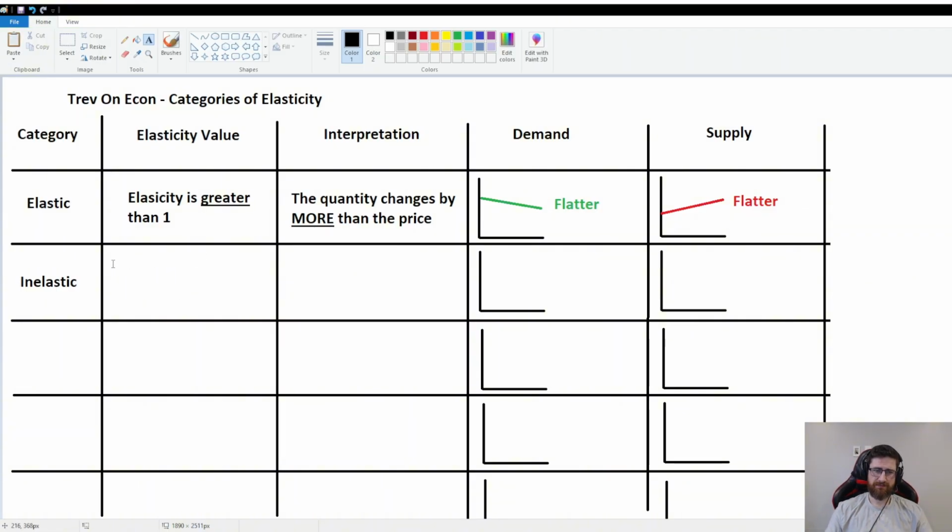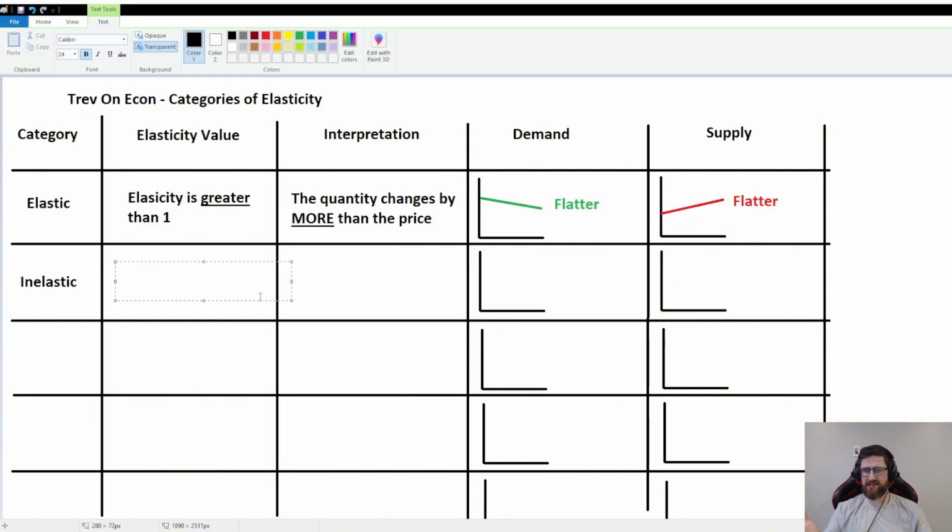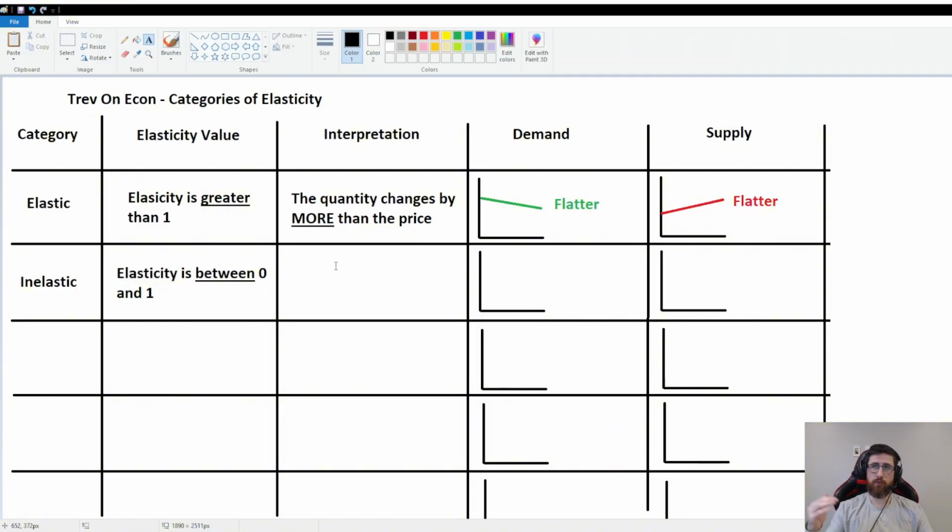Now, be careful with this one because it's not necessarily the opposite of elastic for elasticity value, because in this one, its elasticity is between 0 and 1. So if you get an elasticity that is 0 point something, that is going to be inelastic. 0.1, 0.99999, technically those are all inelastic.